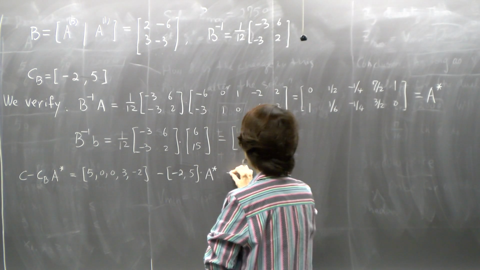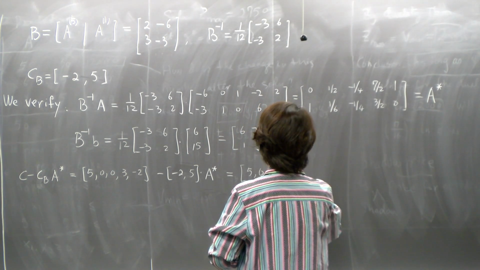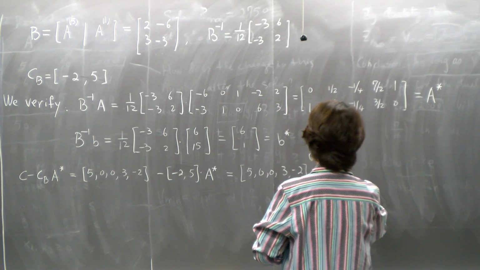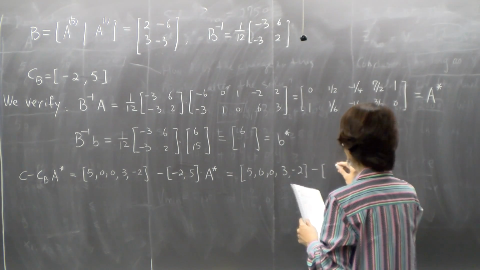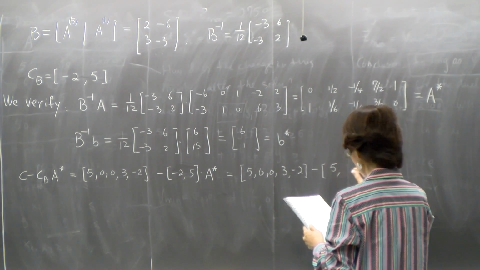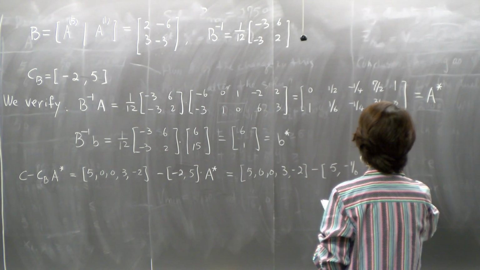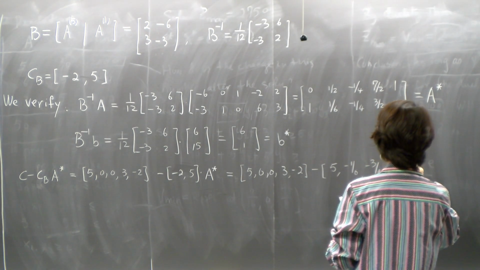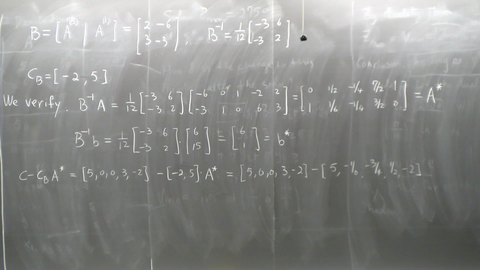Okay? So if you carry this out, I get the following: 5, 0, 0, 3, -2, minus, if you want to verify that, you're welcome to work out the details, 6, -3, 4, I have -2. Then you get this vector, which is a row vector.